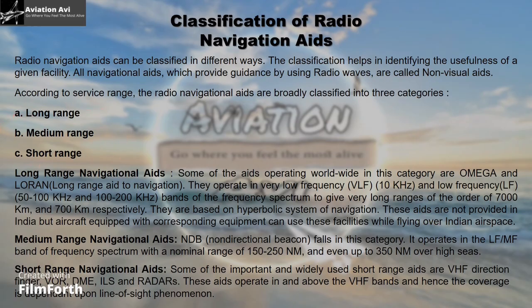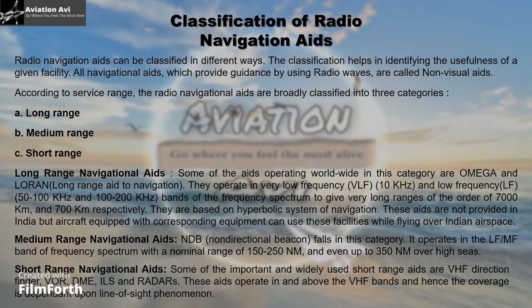Firstly, let us look at long range navigation aids. Some of the aids operating worldwide in this category are Omega and LORAN. LORAN stands for Long Range Aid to Navigation. They operate in very low frequency, that is 10 kHz, and low frequency, that is 50 to 100 kHz and 100 to 200 kHz band of the frequency spectrum, to give very long ranges of the order of 7,000 and 700 km respectively.